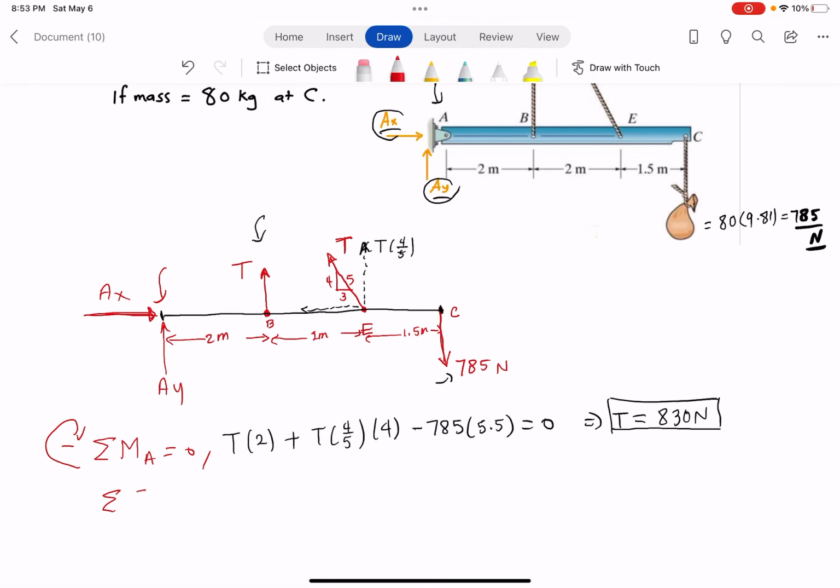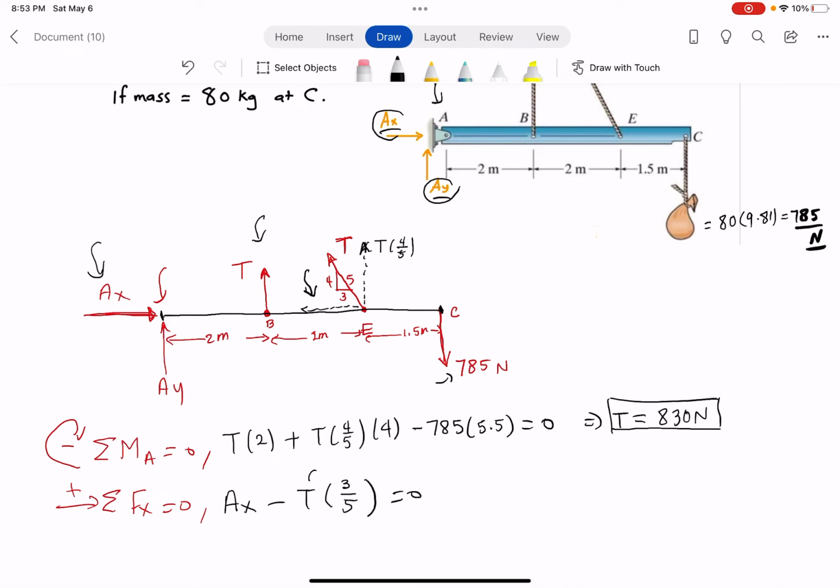Later on, we will do summation of forces in the X and summation of forces in the Y. So summation of forces in X equal to 0. We should put our assumption. This is AX positive, and this one is negative, minus T, and if you want to make it the x-axis, 3/5, equal to 0.